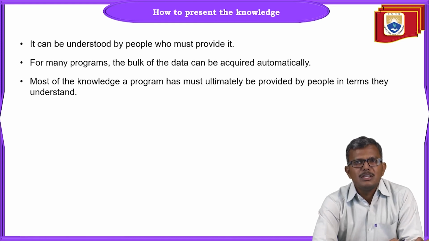Most of the knowledge in a program must ultimately be provided by people in terms they understand. Just now I talked about this: how I can represent a specific knowledge depends on the level of my understanding. In the same way I am going to exhibit my knowledge, the presentation of knowledge completely depends upon the way I understood it.